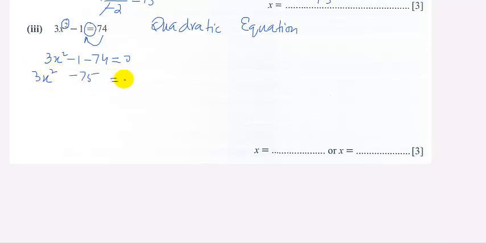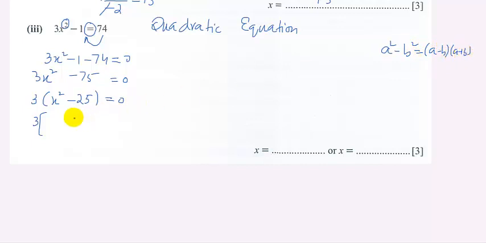So we have a different method to solve this equation. So let me take 3 common. 3 common, x square minus 25 equal to 0. So I will use the identity, this identity, a square minus b square is equal to a minus b times a plus b.